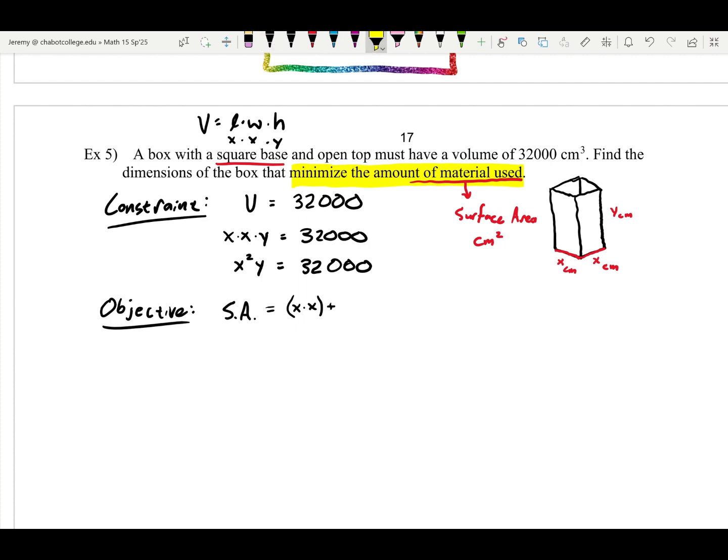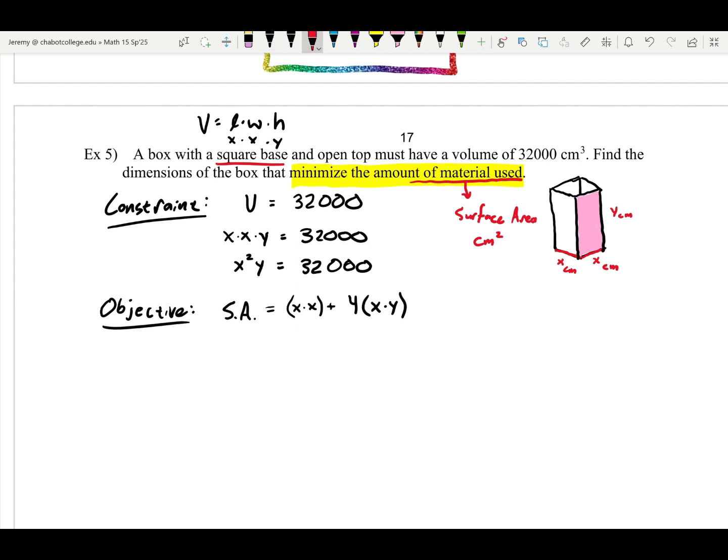So if we're looking at one of these panels, I'm just using my highlighter to show you, the area of that is just going to be length times width, so x times y. And there's 4 of those panels. So we're going to do 4 times x times y.